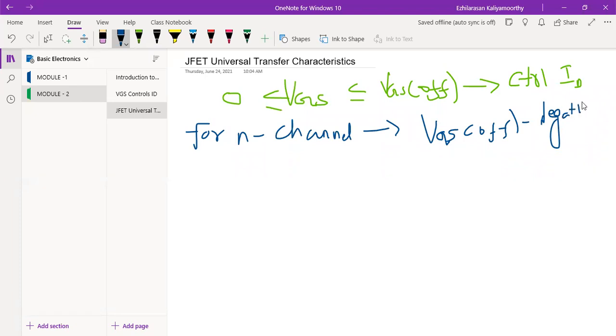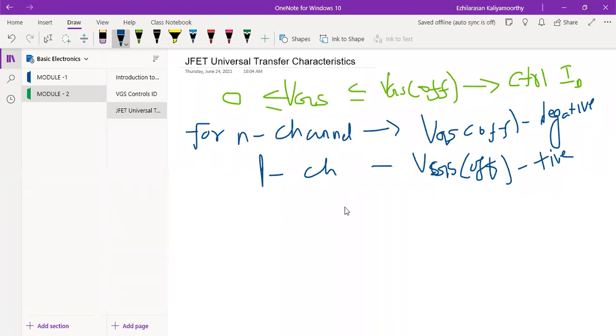Remember, VGS(off) is negative for N channel. Then what about for P channel? The VGS(off) is positive. So this concept you have to keep in your mind. For P channel, VGS(off) is positive.